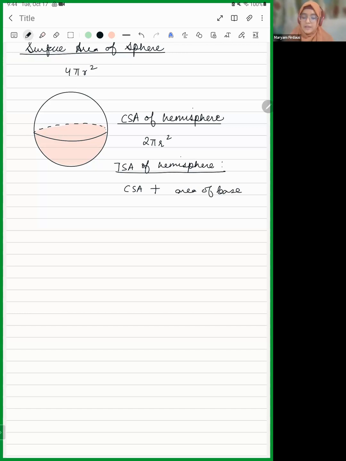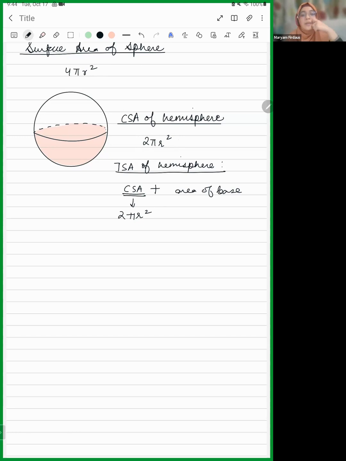So curved surface area is what? 2 pi r square. And how did we get 2 pi r square? Well, it is half of the area of the sphere. So hemisphere means half of sphere. That is why 2 pi r square. Now, curved surface area of hemisphere is 2 pi r square. So total surface area will be that plus area of the base.